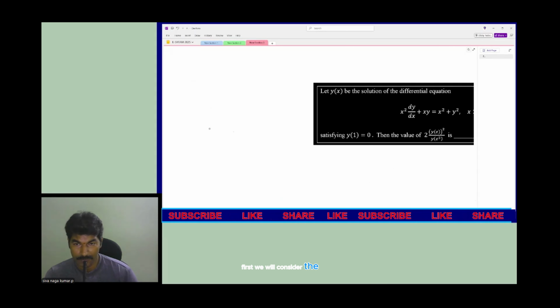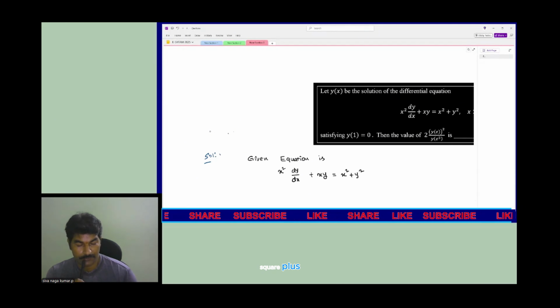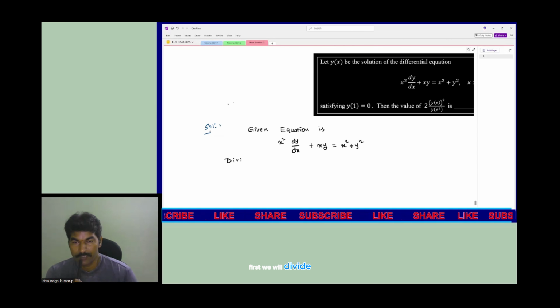First, we will consider the given equation. The given equation is x square into dy by dx plus xy equal to x square plus y square. First, we will divide by x square on both sides.